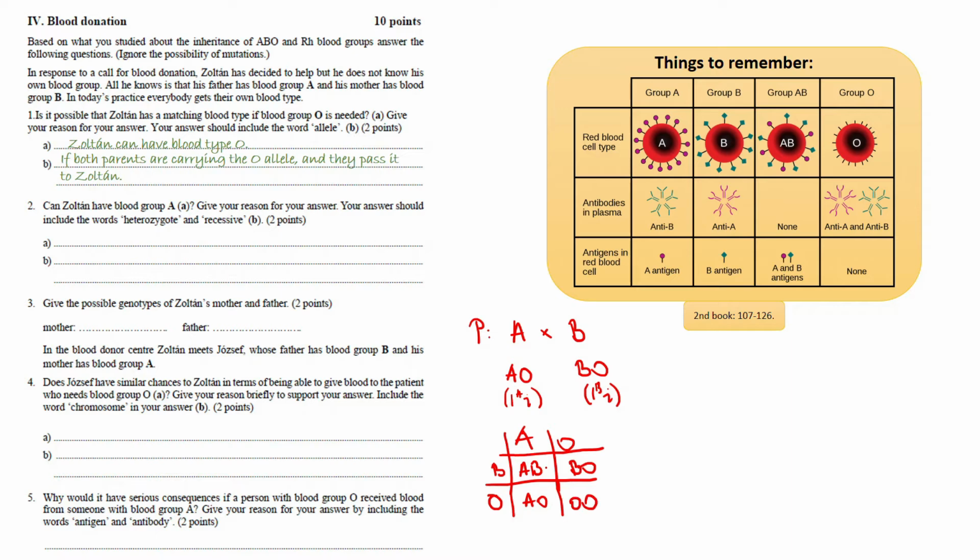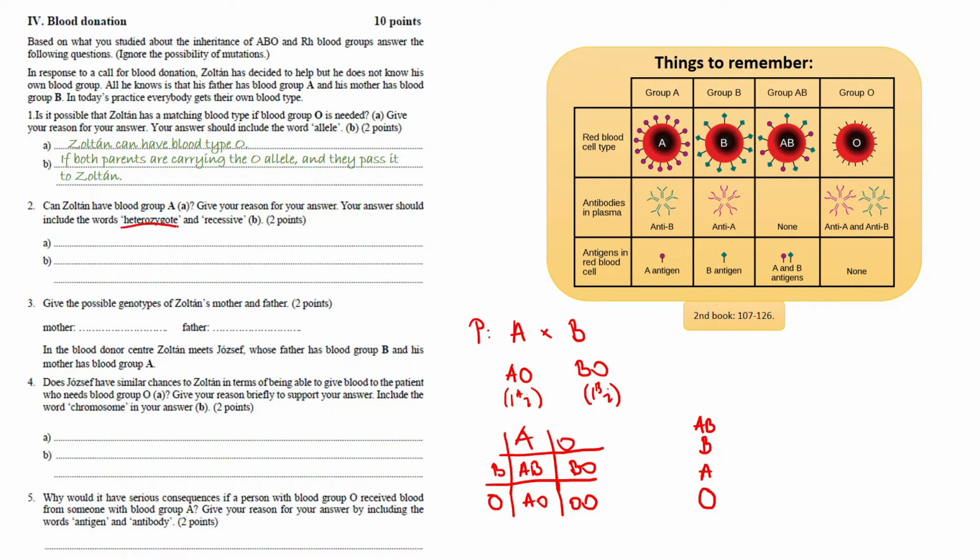Okay, so when we observe the phenotypes, we can see that it's possible to have type AB, type B blood, type A blood, or type O blood, whenever we are observing the offspring. So, can Zoltán have blood group A? Give your reason for your answer. Your answer should include the words heterozygote and recessive.